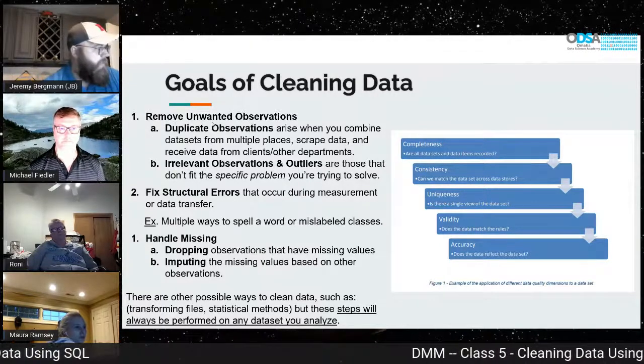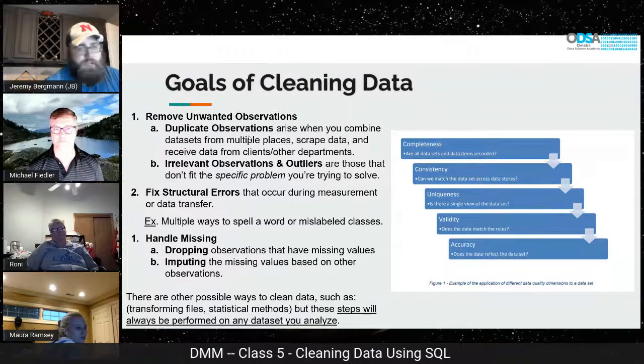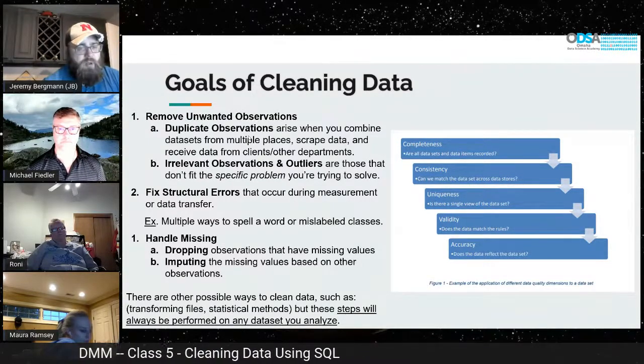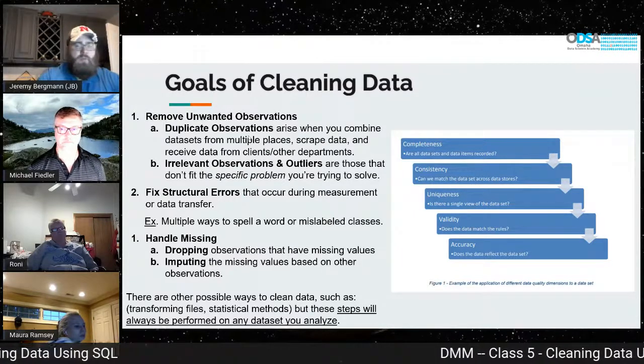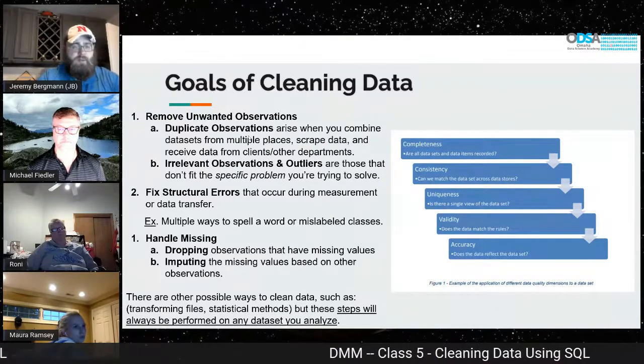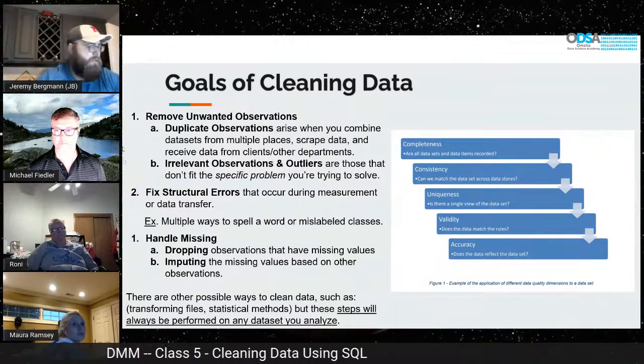So oftentimes you want to remove unwanted observations. You have duplicate observations in the table, not necessarily on the primary key, but whatever part of the data set you're looking at. Potentially you're doing a subset and maybe that has duplicates.